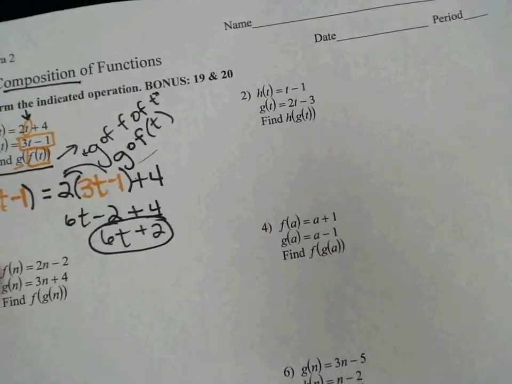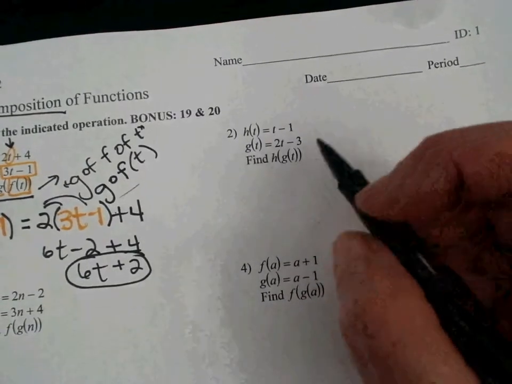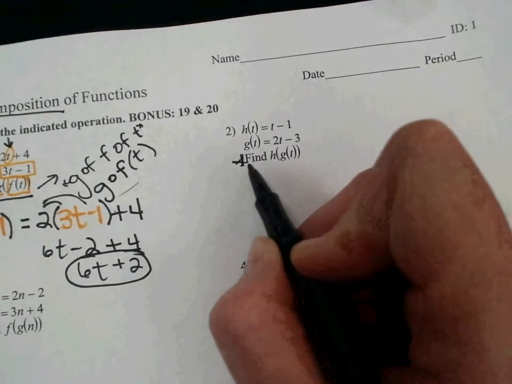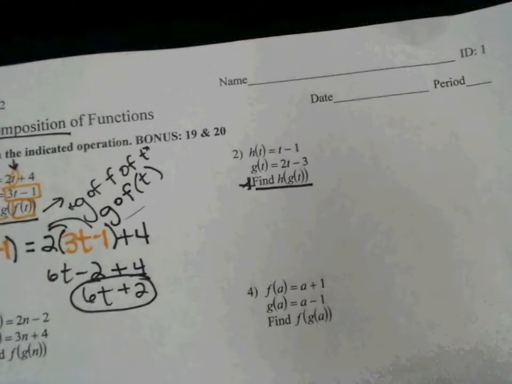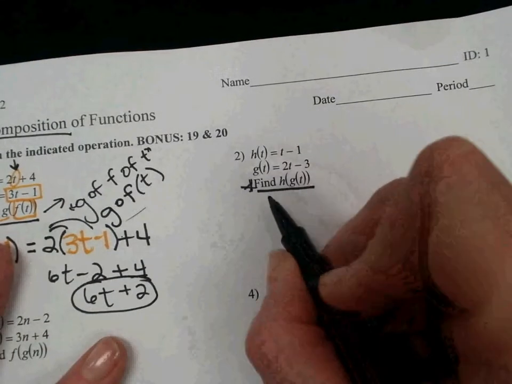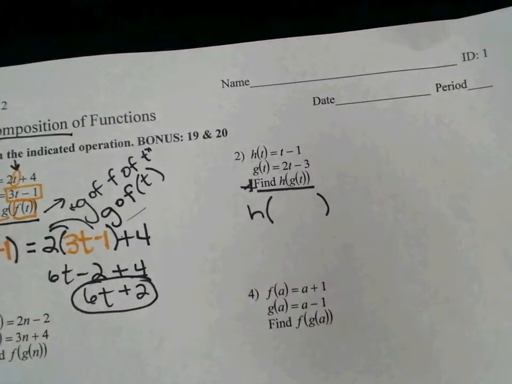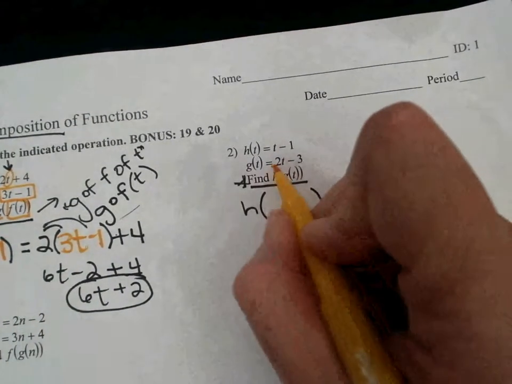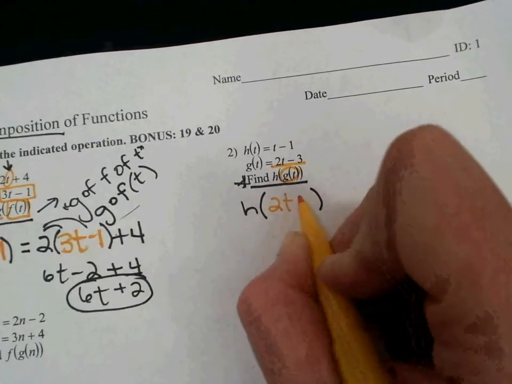Number 2. Here are my instructions: find h of g of t. So I plug in my g function, which is 2t minus 3. I'm just replacing this with its equivalent expression, 2t minus 3.